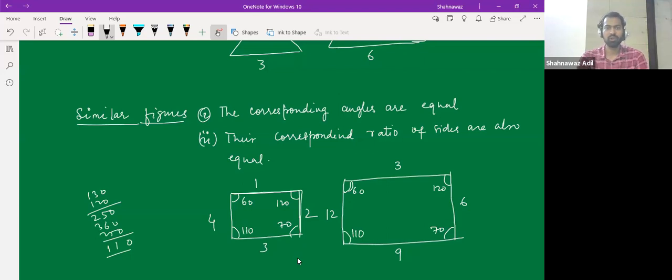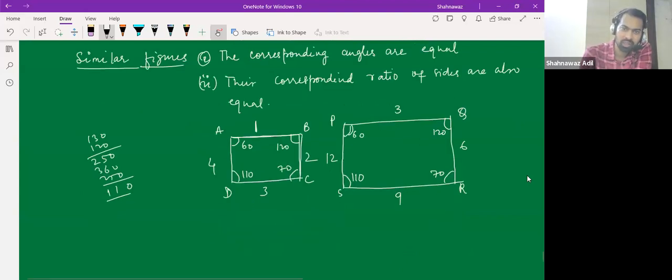Okay. So let's say that these two figures are similar, right? Then you see that the ratio AB by PQ is how much? This is 1 by 3. And BC by QR is how much?